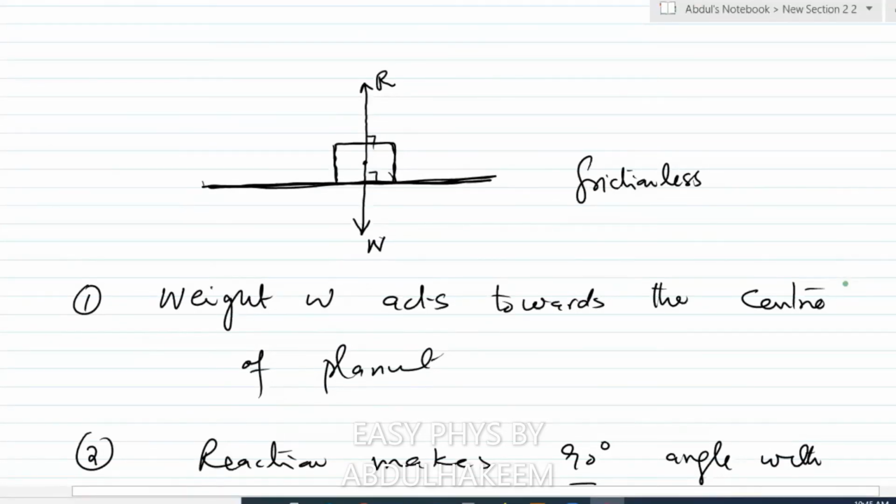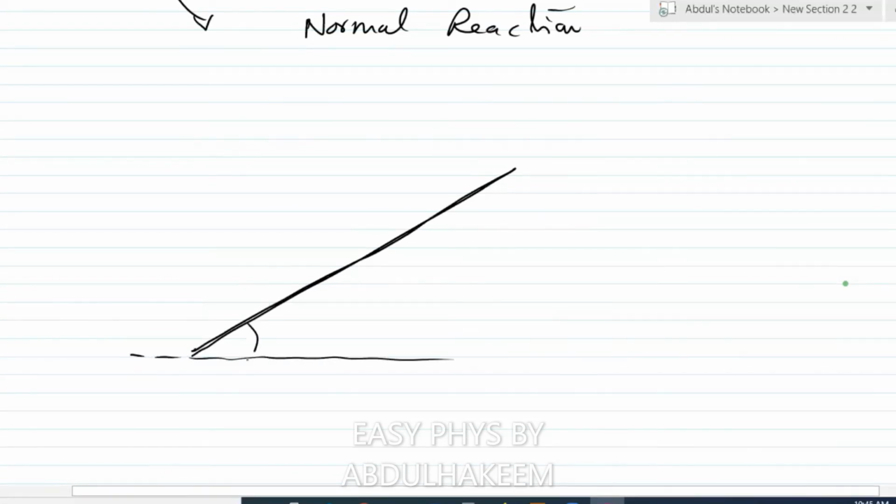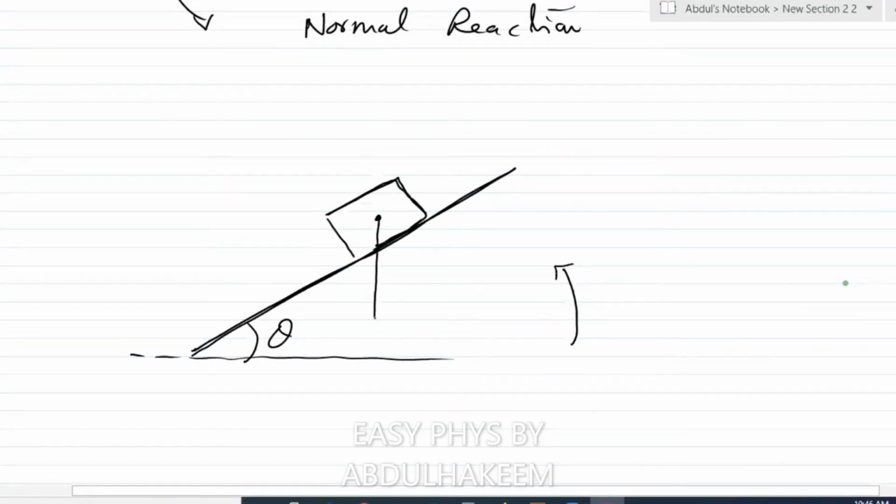Now this surface is inclined and the angle of inclination is theta, so it's tilted in this direction. Suppose this is a wooden block over here. This is the center of gravity. So the weight is acting exactly downward.